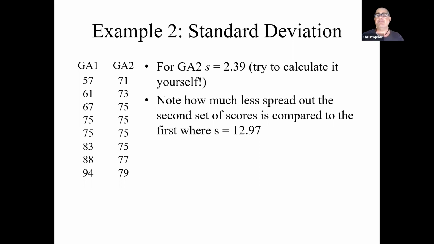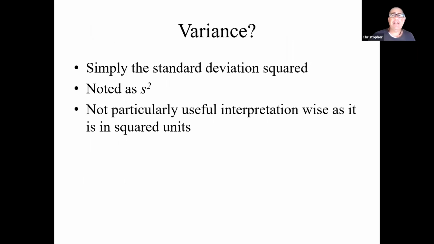Anytime you have something that's more spread out, it's going to have a larger standard deviation than a distribution where scores are closer together. The variance piece, we haven't talked about the variance primarily because it's not all that useful for our purposes, but it is easy enough for us to talk about.